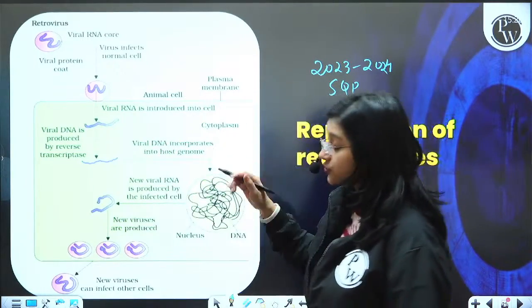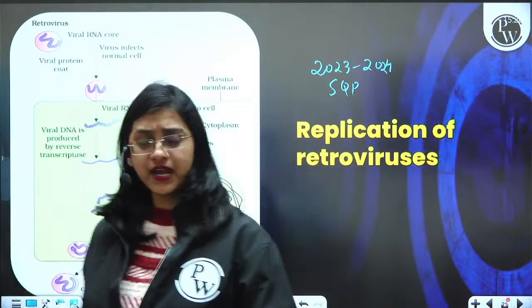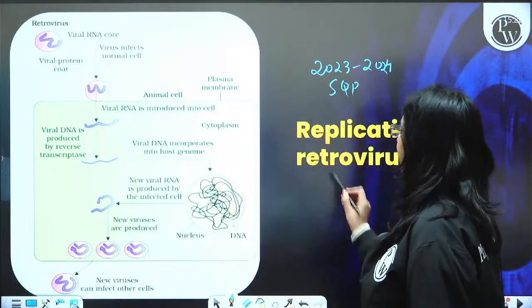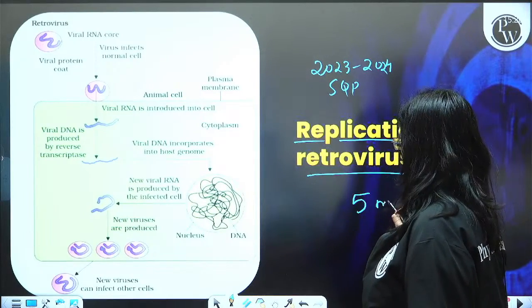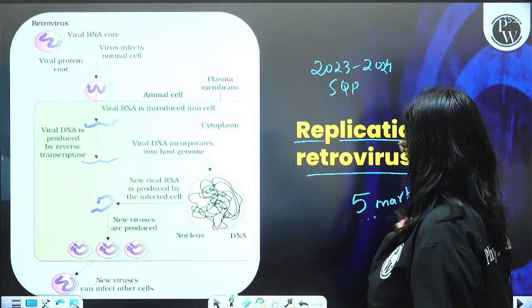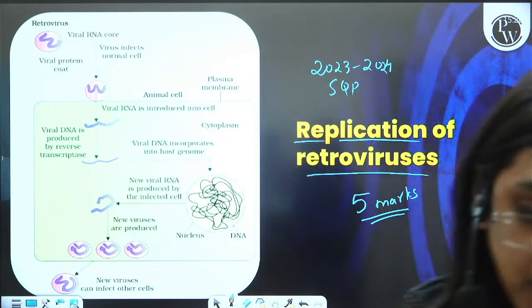So they have asked to literally draw it. This time they will ask you to explain it and you have to draw this diagram. Okay. So this is the guaranteed question, a 5-marker question you can expect. This is almost a guaranteed question because in the sample question paper they have asked this.